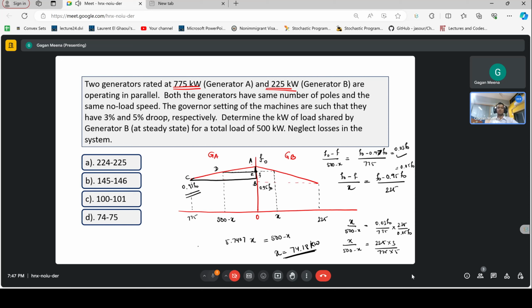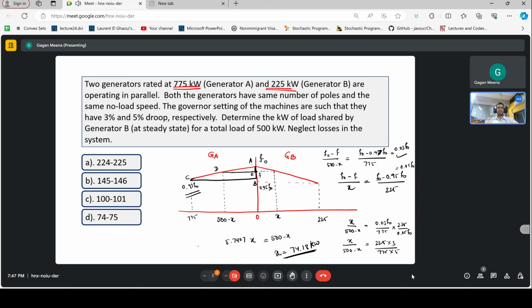Next is determine the steady state speed deviation. So delta F, which is F minus F naught divided by F naught, because speed is proportional to frequency. So frequency is proportional to speed. So for that we need to find out F here. You can find F in terms of F naught.